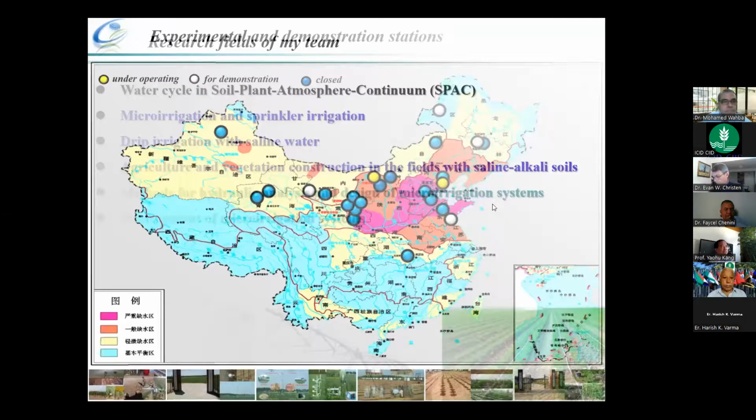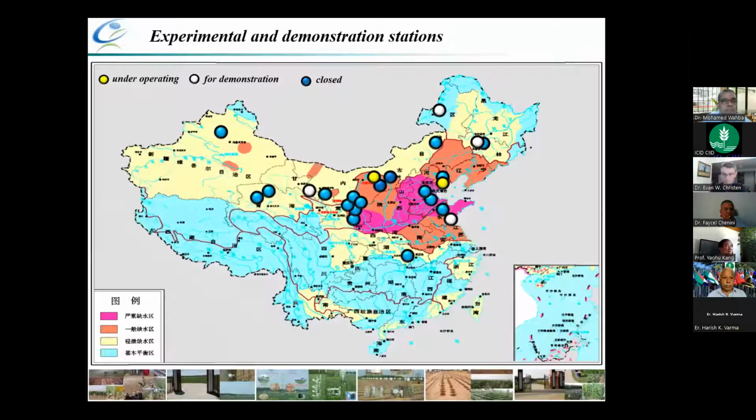For the purpose of our research work, we have established over 20 experiment stations in China. This yellow one is under operation, the white one is for demonstration, and the blue one is now closed because our research work there has finished.